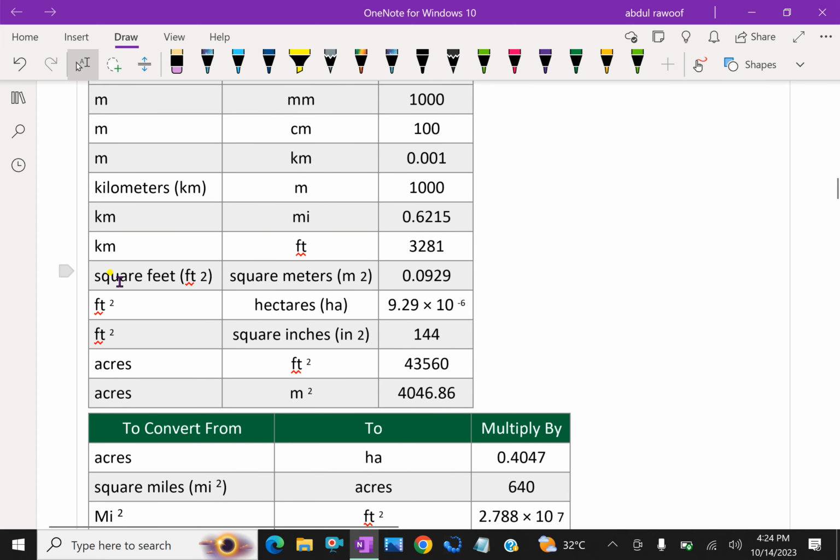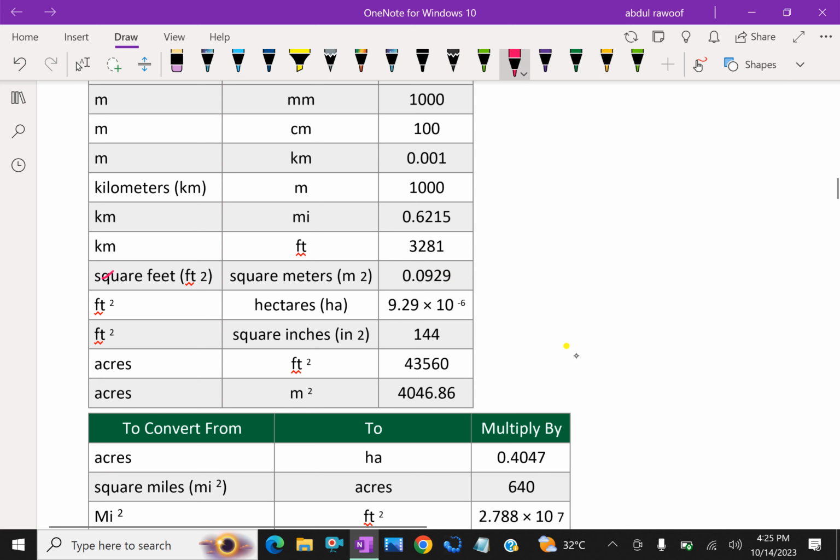Now area calculation, square feet. Square feet to square meter: 1 square feet is 0.0929 square meter. How to convert?